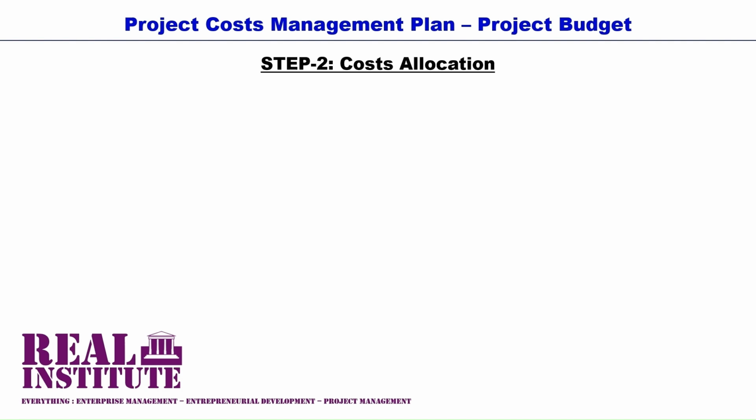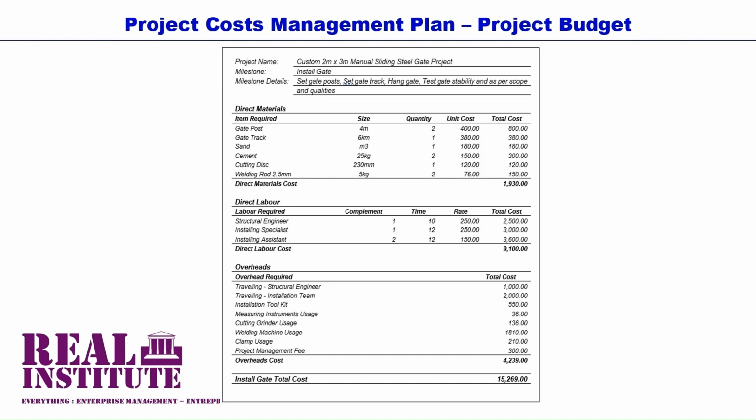And for the gate installation phase, the direct materials are costed at 1,930. Direct labor is costed at 9,100. And overheads are costed at 4,239. And the total cost for the milestone is 15,269.